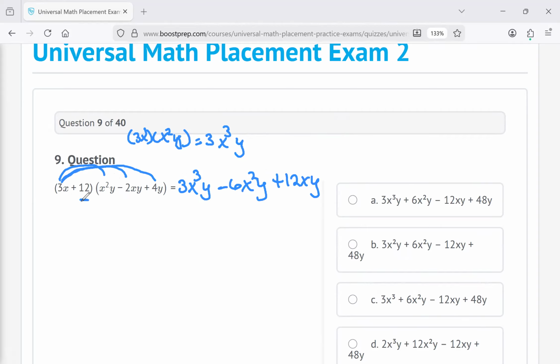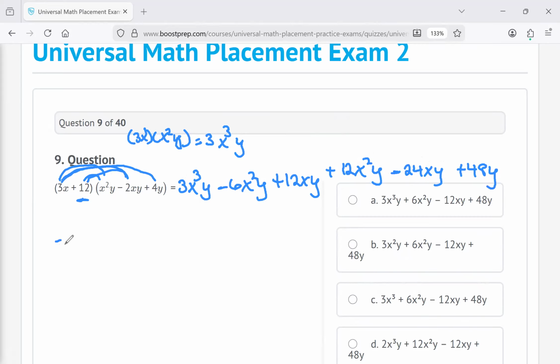Now do the same thing for the 12. So 12 times x squared y is 12x squared y. And then 12 times negative 2xy is negative 24xy. And then 12 times 4y is 48y.